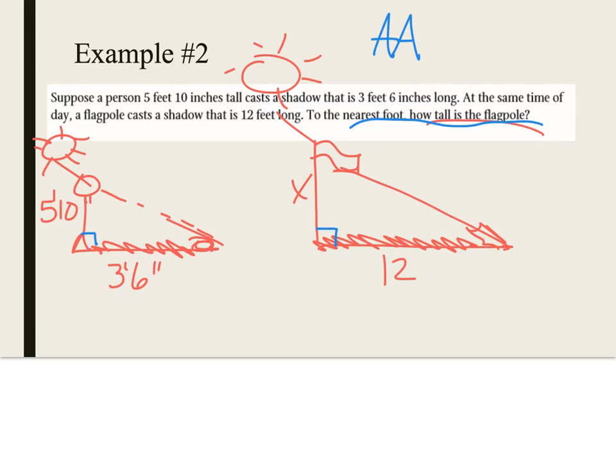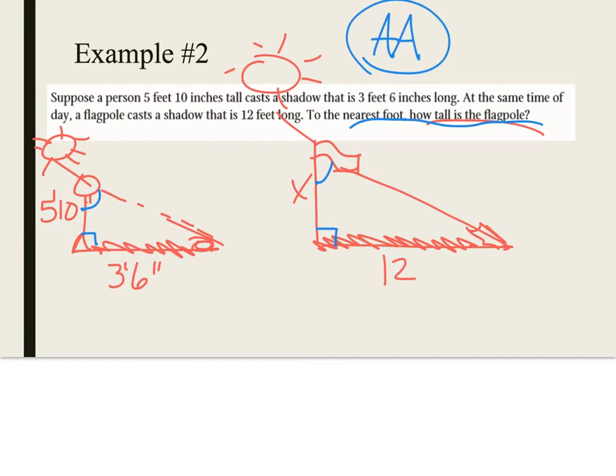The other angle that is the same would be the sun shining down making the shadow. So whatever object is in the sunshine would be making an angle on the ground for the shadow at the same time of day at the exact same angle as anything else. So those would be congruent angles, therefore we'd have angle similarity.